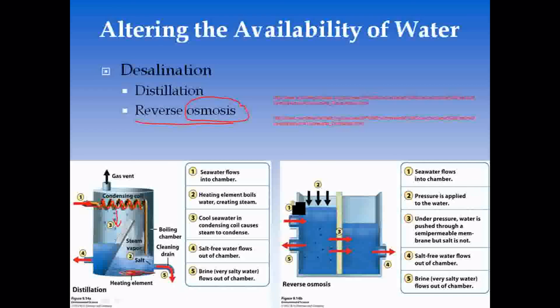Basically speaking, you are pushing water through a semi-permeable membrane that's got holes in it so tiny that the salt can be trapped. And that's what happens with reverse osmosis.